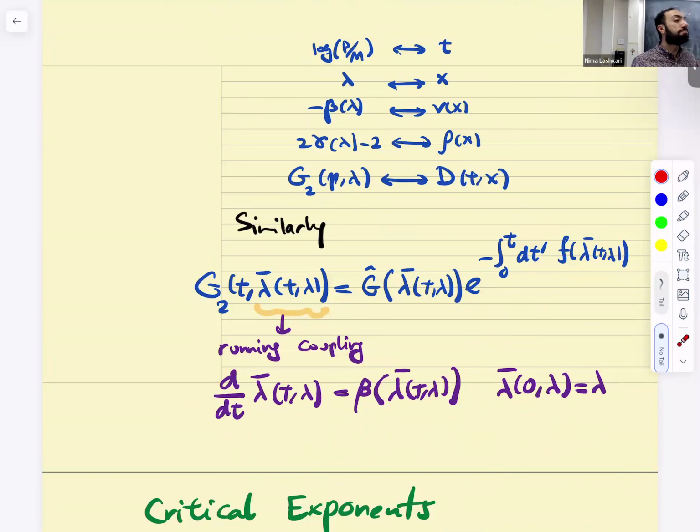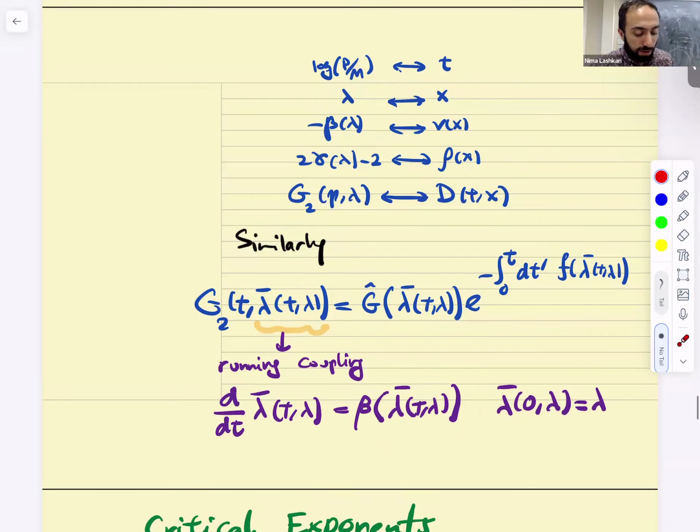The same way that previously we solved for x bar as the location of where the colony is, when it was not splitting. Here we're solving this differential equation to find what lambda is going to be at different scales, assuming that you started with some initial conditions.